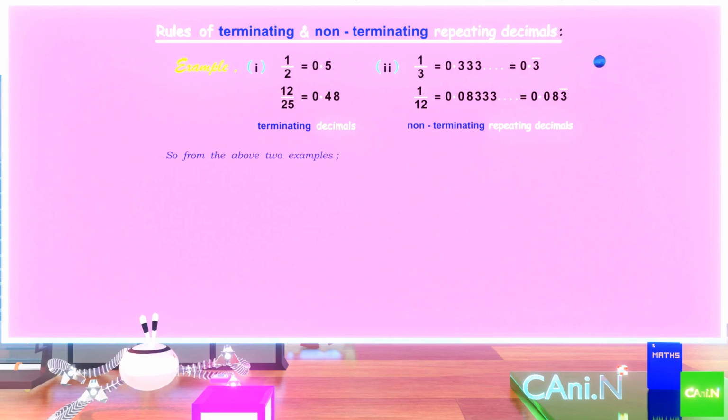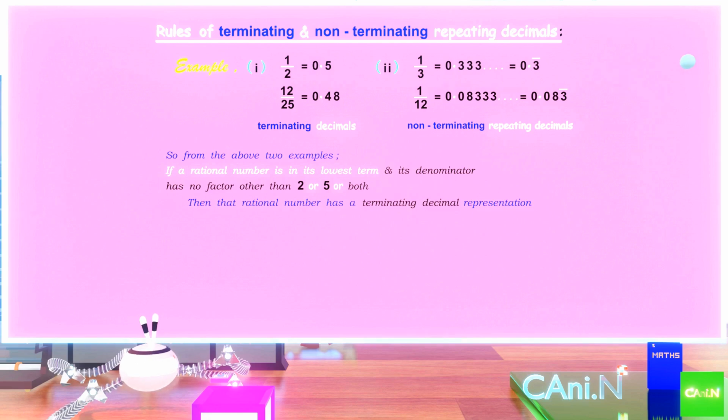So, from the above examples, if a rational number is in its lowest term, and its denominator has no factor other than 2 or 5, or both, then the rational number has a terminating decimal representation. Otherwise it has a non-terminating repeating decimal representation.